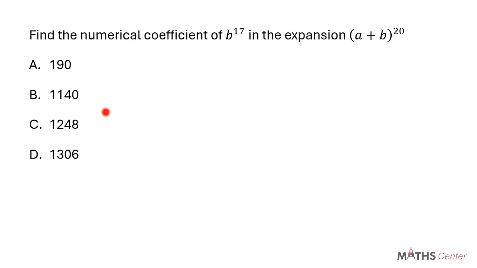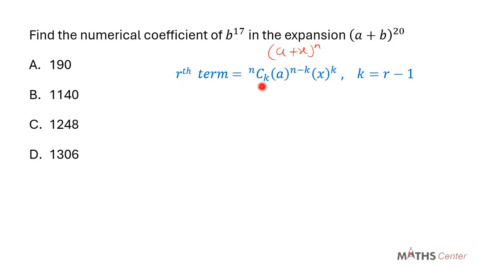We have just learned that if you have a binomial expression of the form a plus x exponent n, then a term in the binomial expression, let's say the rth term, will be given by n combination k, a exponent n minus k, x exponent k, where k is equal to r minus 1.